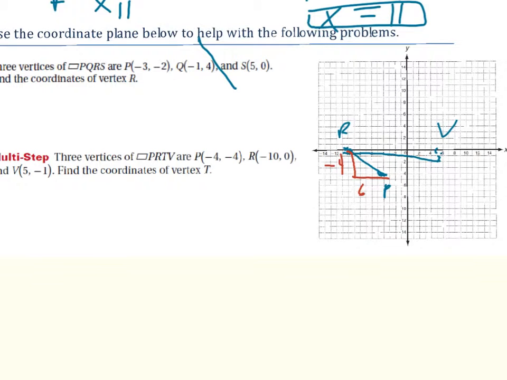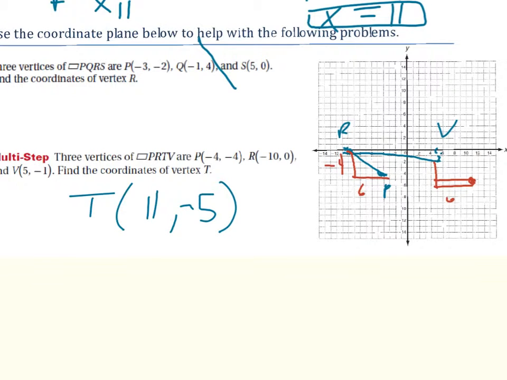Okay, then from point V, I have to go down 4 and to the right 6. If I go down 4, I end up at negative 5. And if I move 6, then I end up at 11. So my coordinate for point T is 11, negative 5.